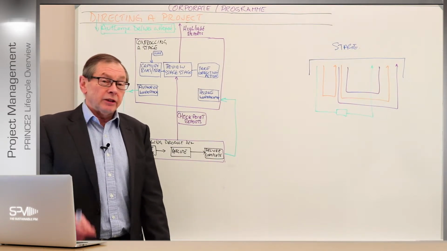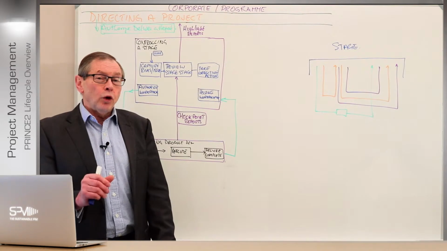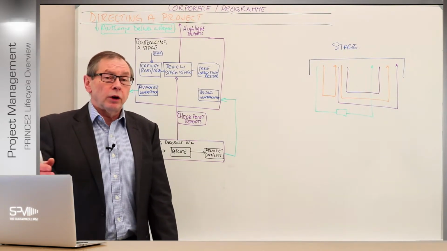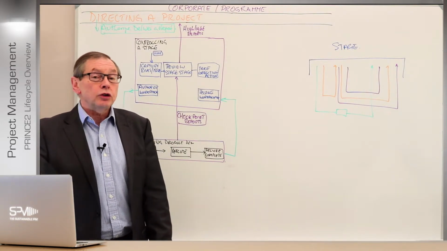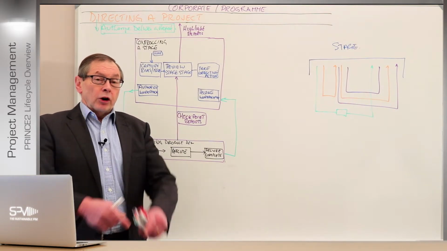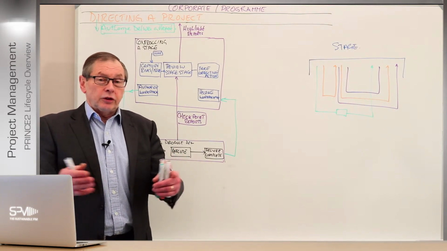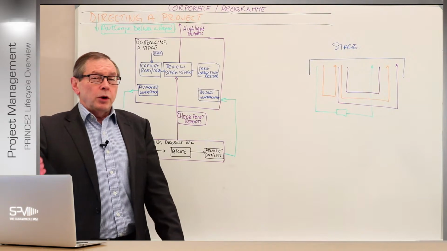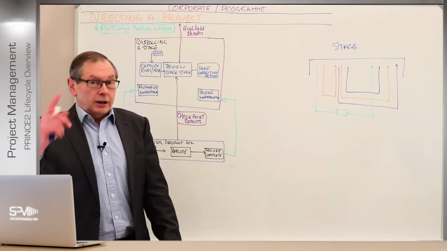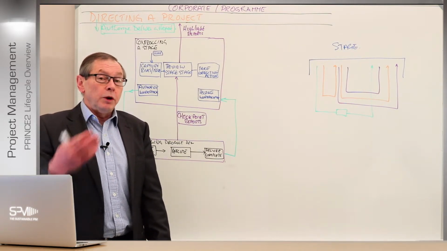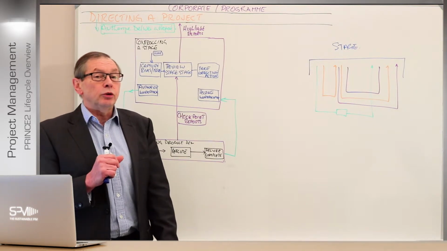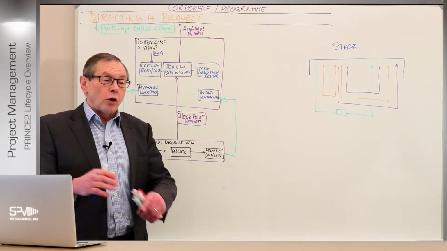What it's saying is, if it looks like you're forecasting to go beyond our level of comfort that we leave you in control with, right? So I've got a stage here and you're saying to the PM, it's a 6-week stage, but if you go beyond 7 weeks, or it looks like, and this is very important, forecasts that go beyond the 7 weeks, we need to step in. It's out of your control in some respects.